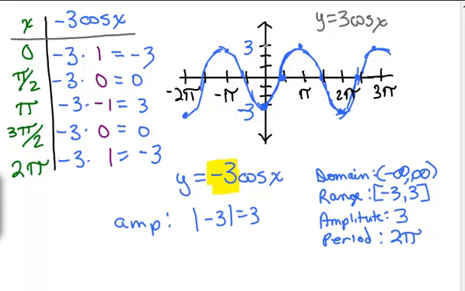Everything would start up here and go down. I'll just sort of dot it. Okay, it's kind of cool. So the dotted line is y equals positive 3 cosine of x. And in fact, the domain, the range, and the amplitude and period will all be exactly the same.